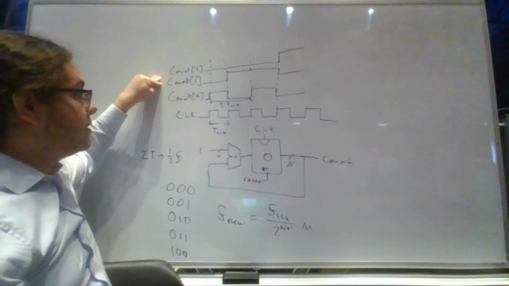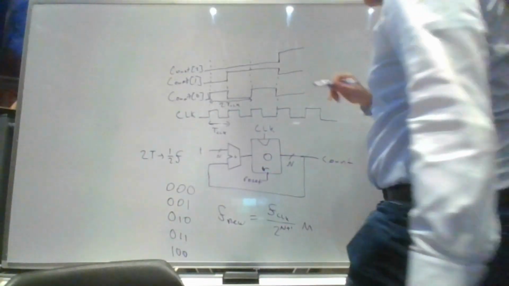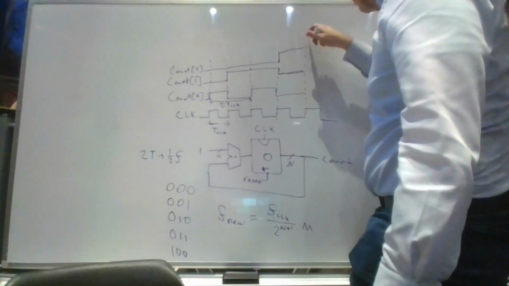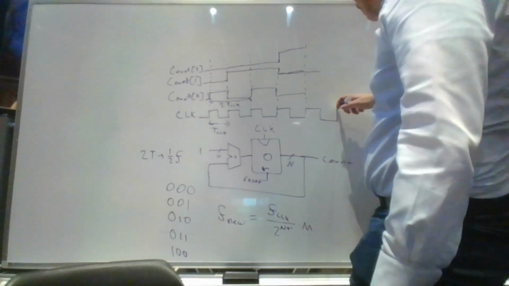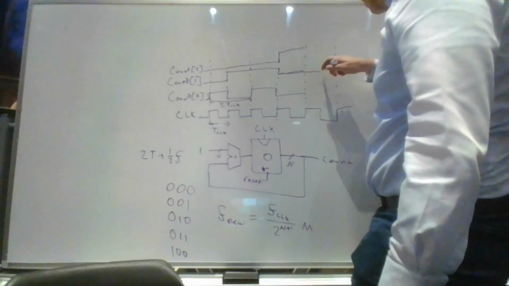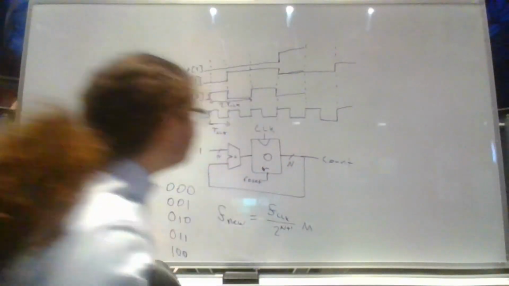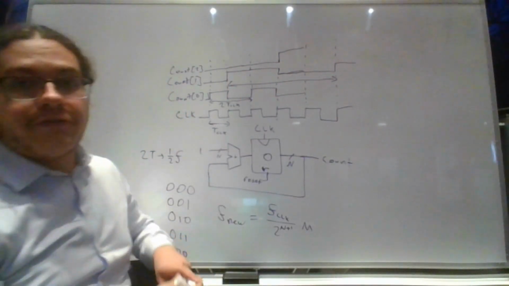If you were to then move up to this next one, it's a little bit harder to see because I haven't drawn out the full thing. But this distance here consists of 4 clock periods.